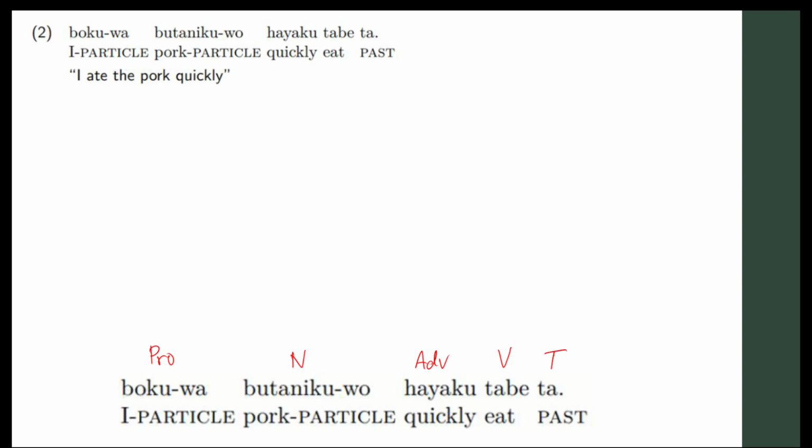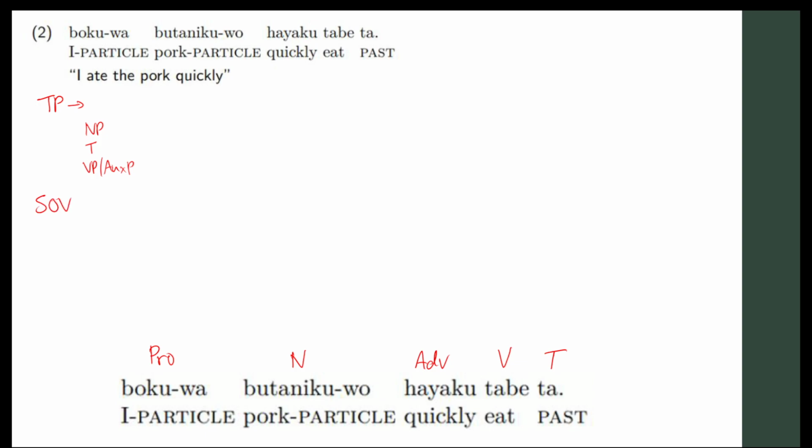Now, we have to remember a few things. One of those things is that in every language, a tense phrase is going to have a noun phrase, a tense, and either a verb phrase or an auxiliary phrase. But we don't know the order until we know what the language is. So the language is SOV.